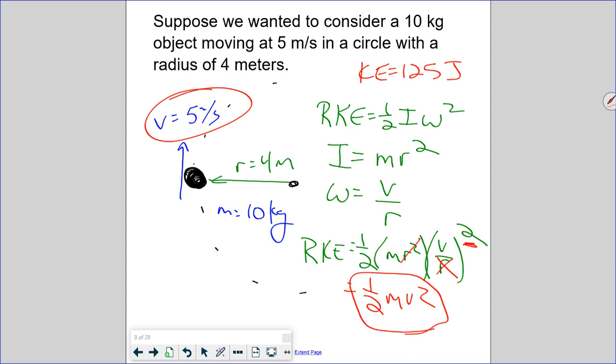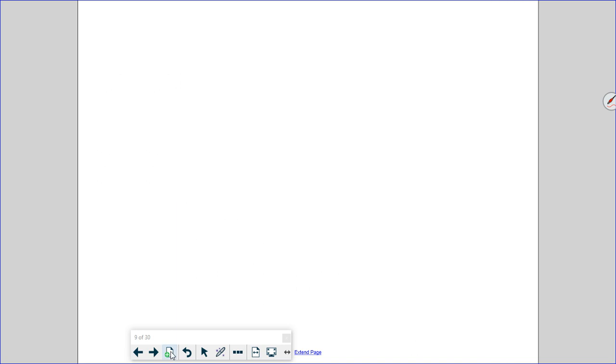So if you have a point particle traveling in a circular path, you consider its energy of motion in terms of either kinetic energy or rotational kinetic energy, but not both. Please don't count it twice. The only time that you need to double count is if you have an object rolling.